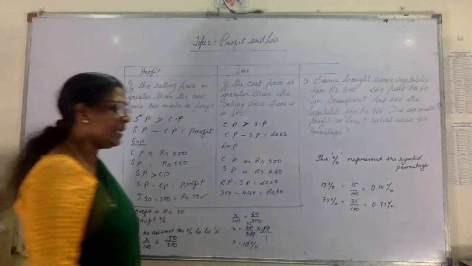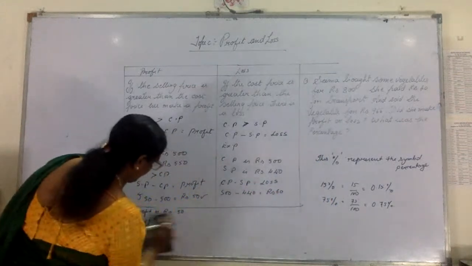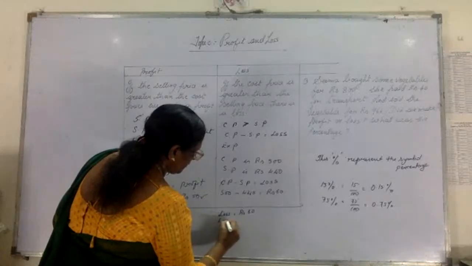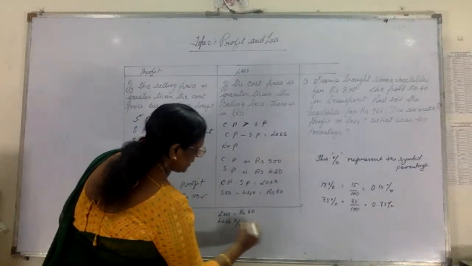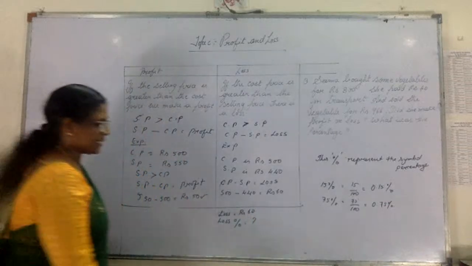In the same way, let us also find out the loss percent. Here the loss is 60 rupees. Loss is equal to rupees 60. We have to find out the loss percent.